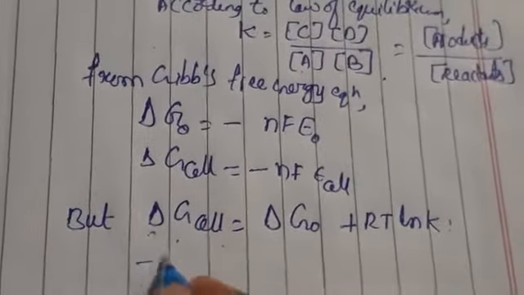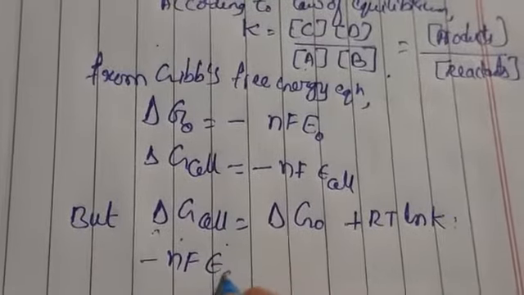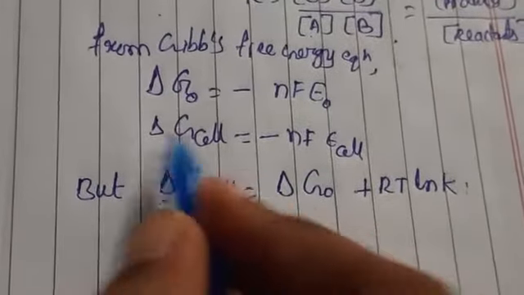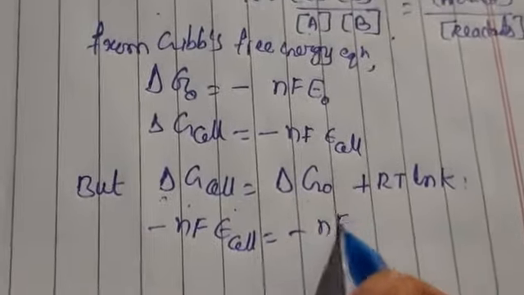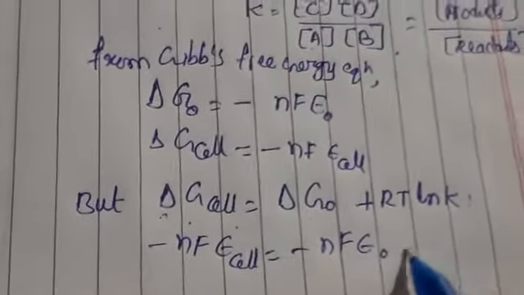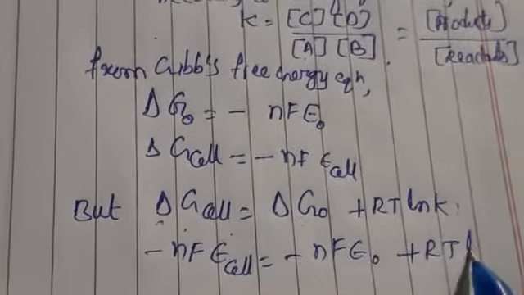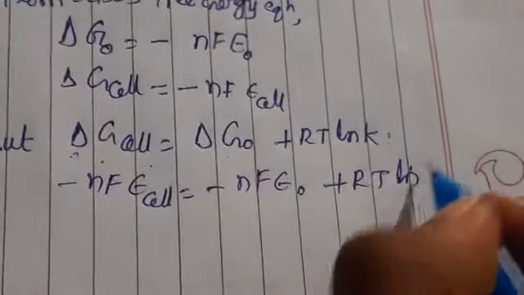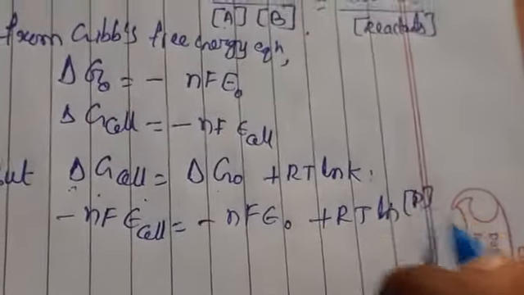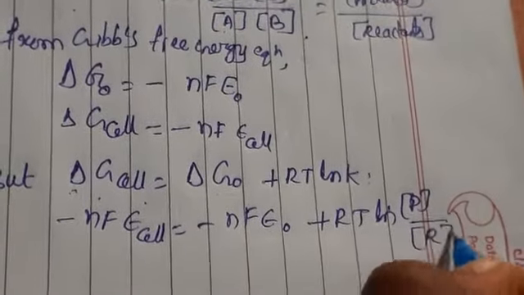We get minus nF E cell is equal to delta G naught, which means minus nF E naught, plus RT ln K, which means the concentration of products by reactants. So log of the concentration of products by reactants.